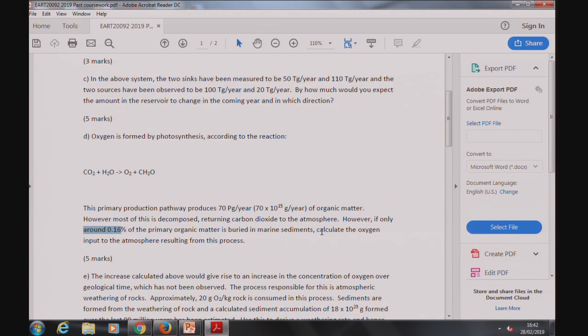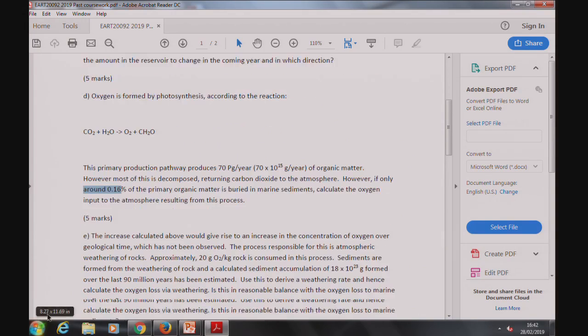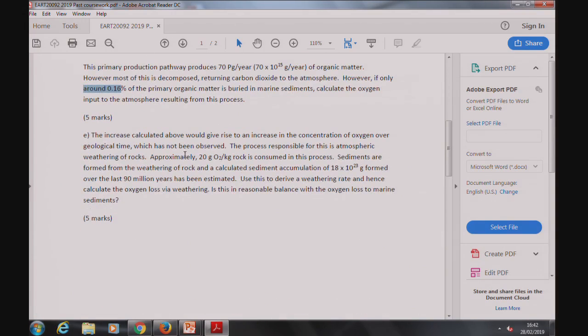The last question. The increase calculated above would give rise to an increase in the concentration of oxygen over a long period of time, geological time, which has not been observed, and the process responsible for this is atmospheric weathering of rocks, which uses up the oxygen essentially.